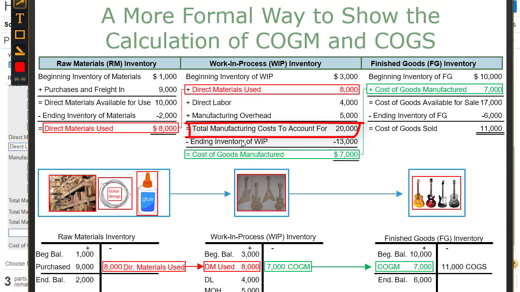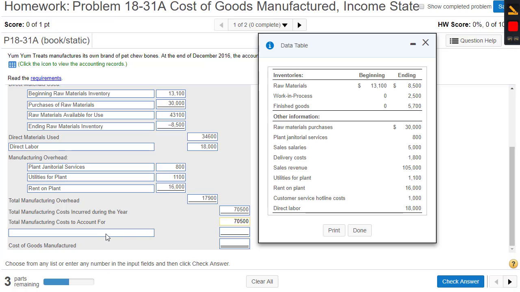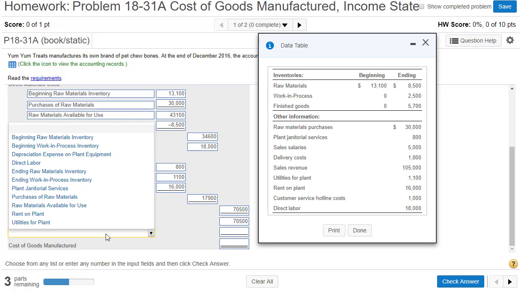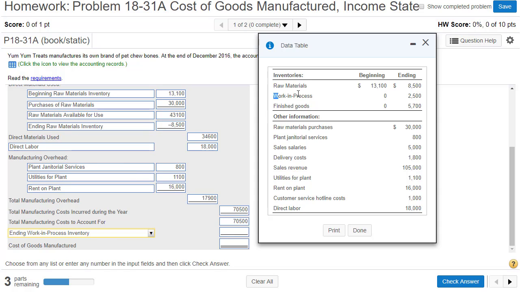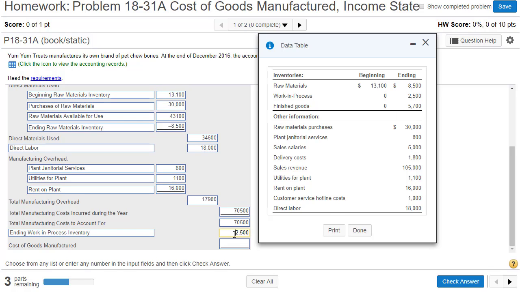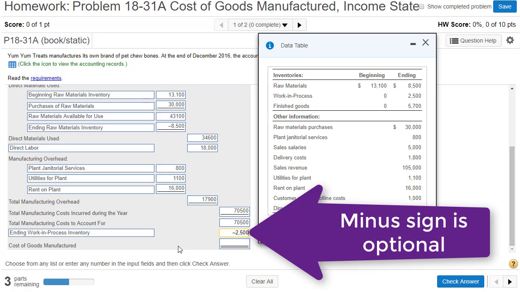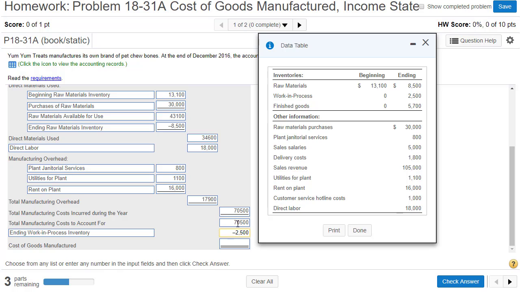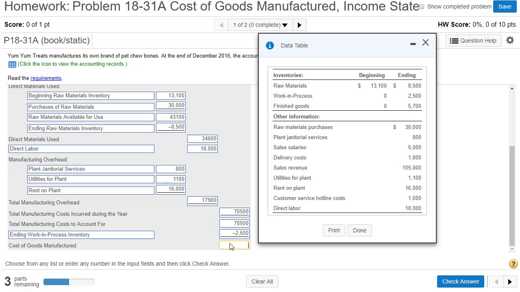We subtract the ending work in process. So ending work in process. And we get that from work in process ending. We got 2,500, copy and paste. So remember, we're subtracting that. It's optional, put in a minus sign. I like to put the minus to remind me to subtract. So 70,500, subtract the ending, gives us cost of goods manufactured of $68,000.